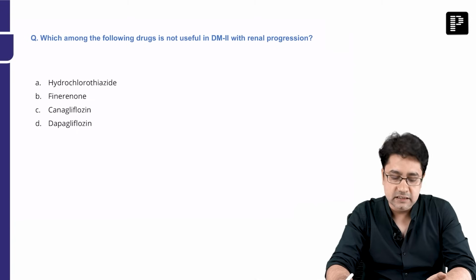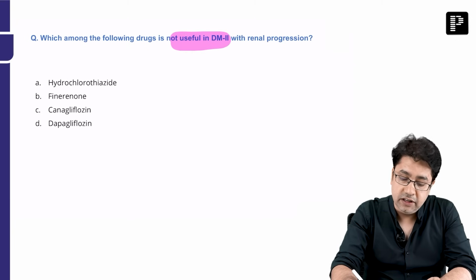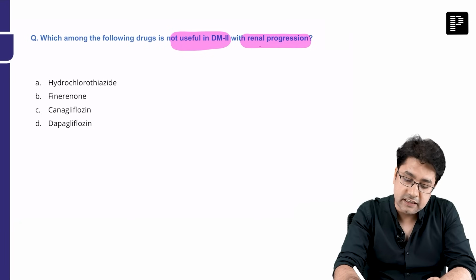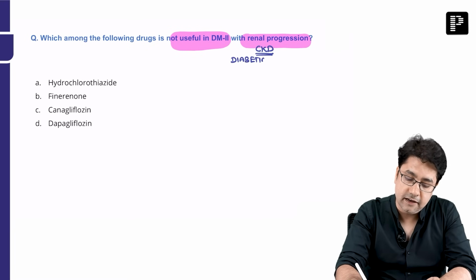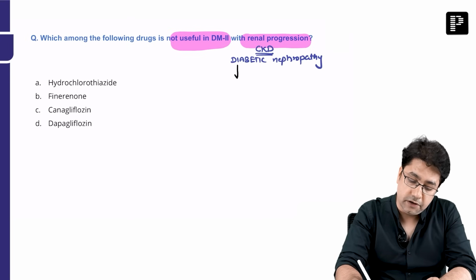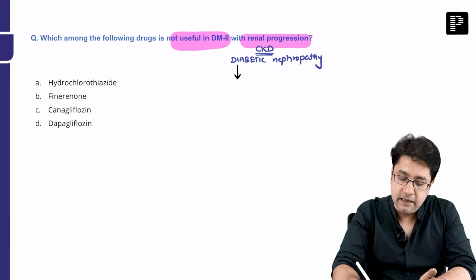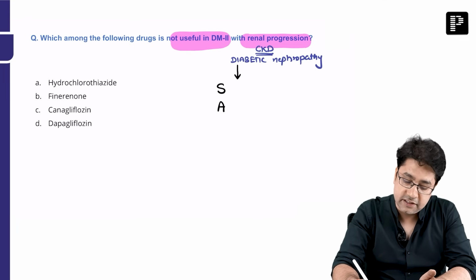Now the next question is, which of the following drugs is not useful in type 2 diabetes mellitus with renal progression? Again, the patient is asking CKD. Now remember, can we say this CKD is because of diabetic nephropathy? So we will label this CKD due to diabetes as diabetic nephropathy. Now to protect the kidney in diabetes, the drugs which reduce the damage of kidney, if the CKD has happened, there are three drugs, SAF.